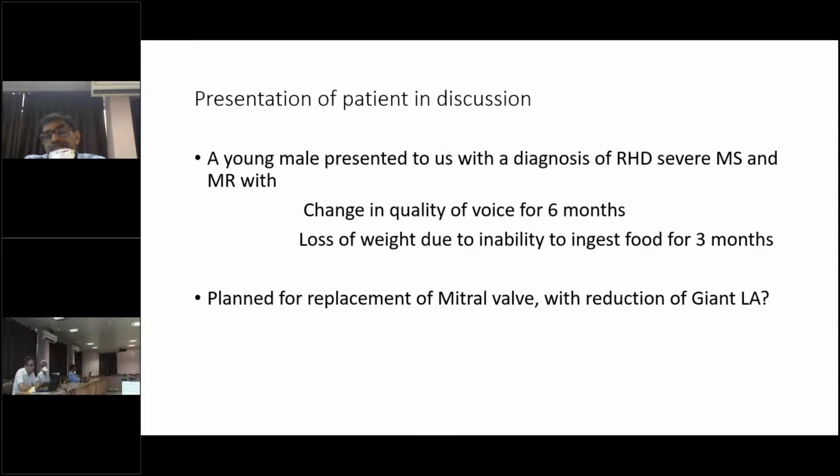The change in quality of voice is commonly known as Ortner syndrome, described in 1897, more than 100 years back, by Ortner, an Austrian physician. This syndrome has now been expanded to compression of the left recurrent laryngeal nerve externally by any cardiac mass or chamber.